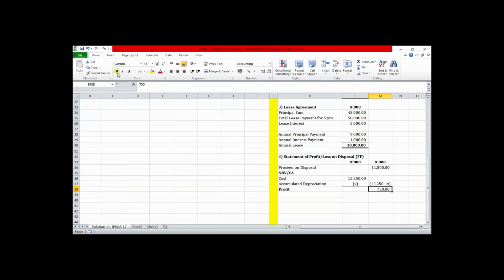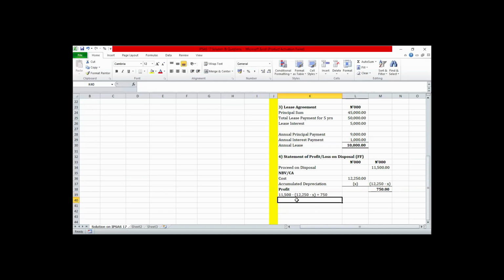Now, on this, you will use your mathematical experience to solve the question. Look at it. 11,500 minus, open a bracket, 12,250 minus X, close the bracket, equals 750.